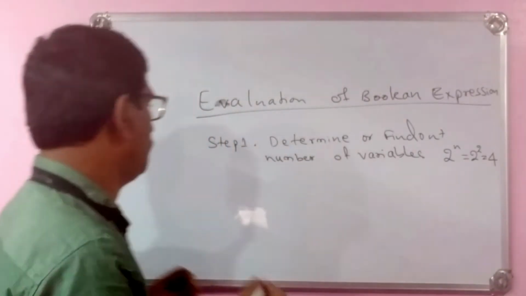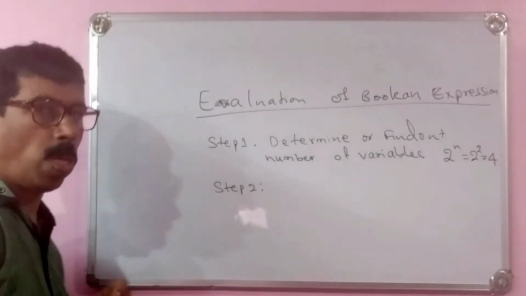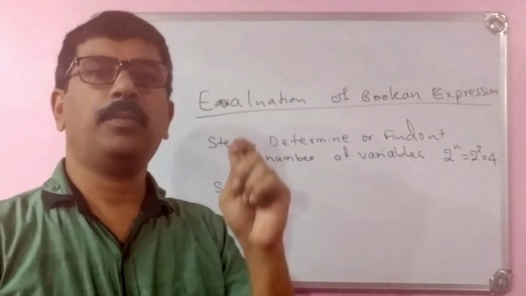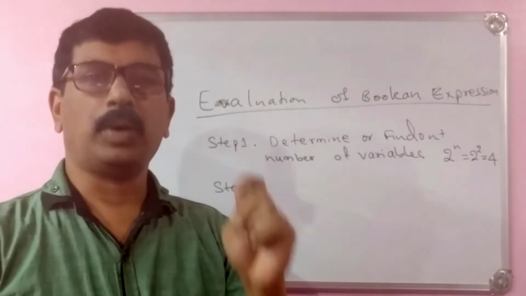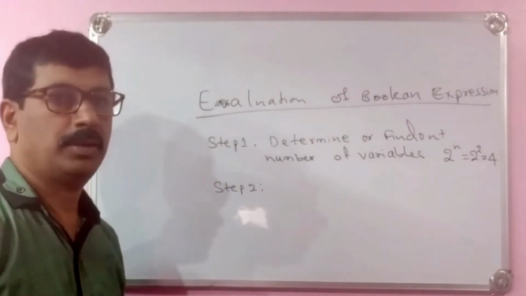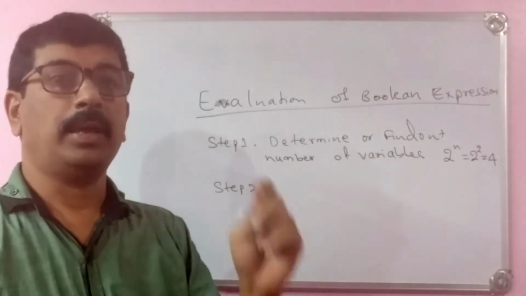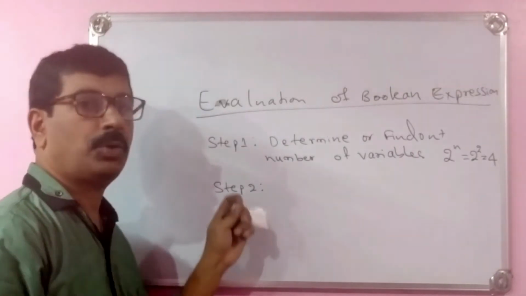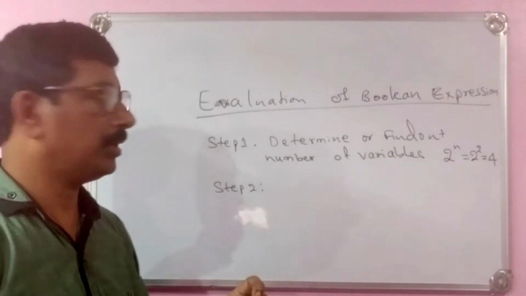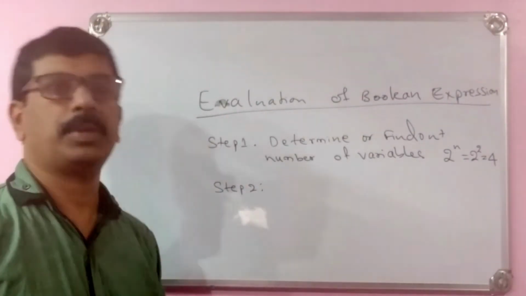What is step 2? List the variables and every combination of 1 and 0, that is true or false, for the given variables. If you are taking x and y, then you have to specify all the combinations of x and y.